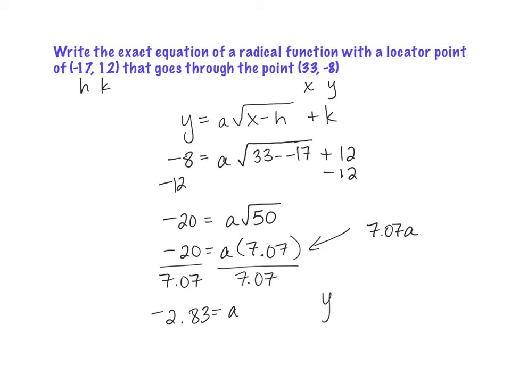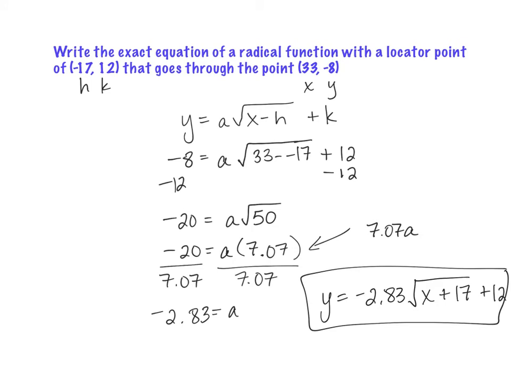So my equation, y equals negative 2.83 times the square root of x plus 17, as I am taking that double negative here and making it a positive, and then plus k, so plus 12. So that is my equation. I want you to note when you actually write the equation out, x and y stay x and y. Like any other formula, we need those to be variables.